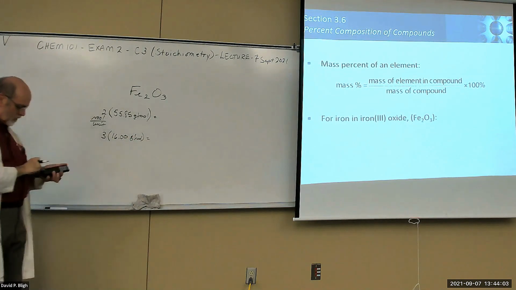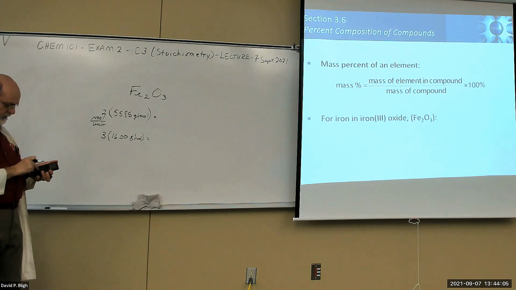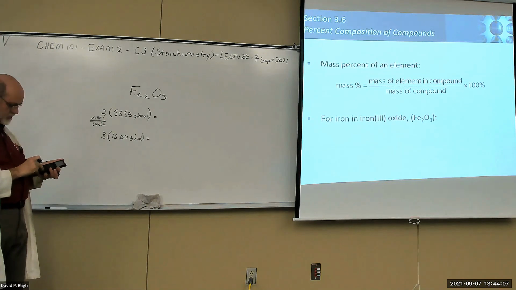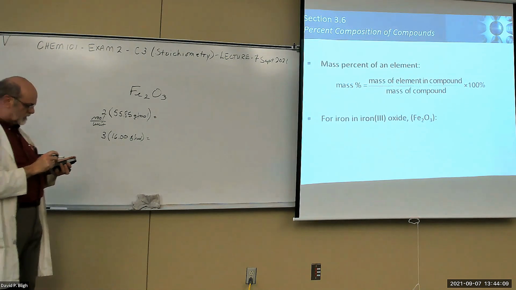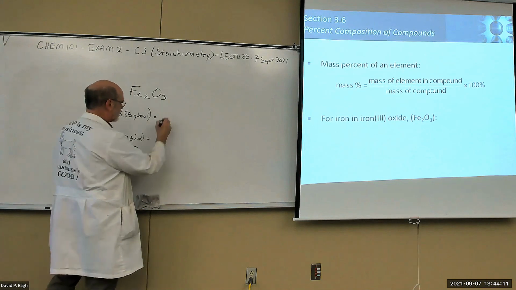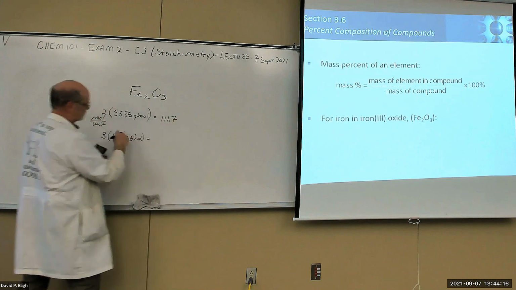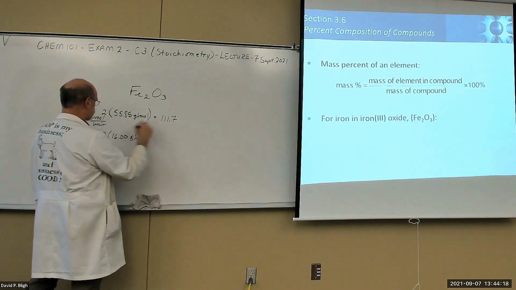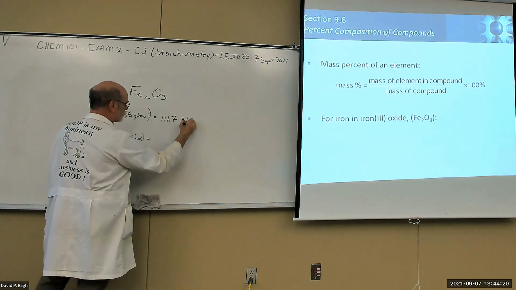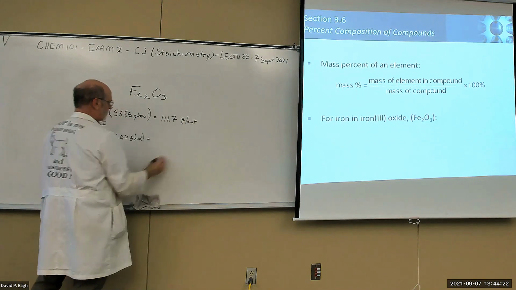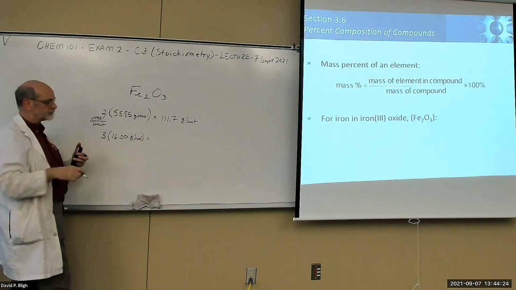And then we have, for that same molecule, 3 oxygens. Okay, so 55.85 times 2 is 111.7. So that's grams per formula unit.